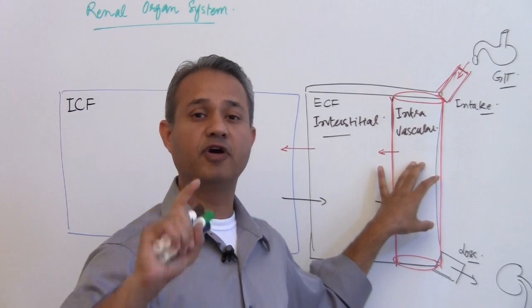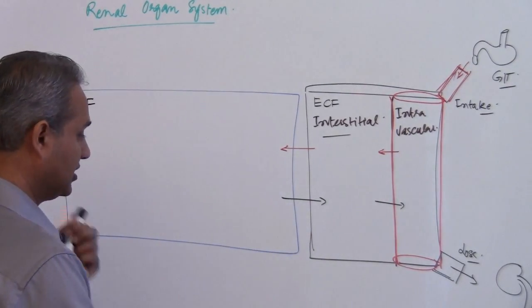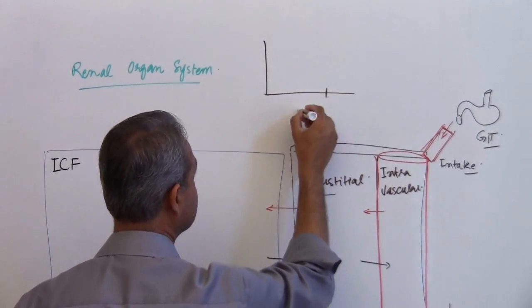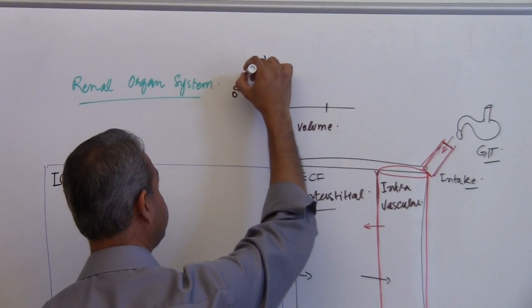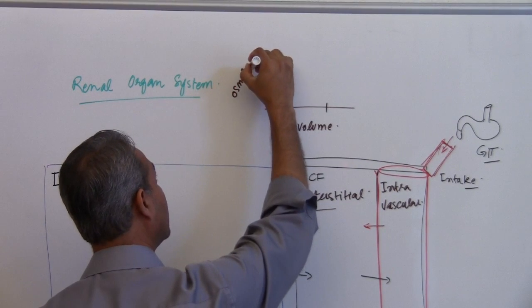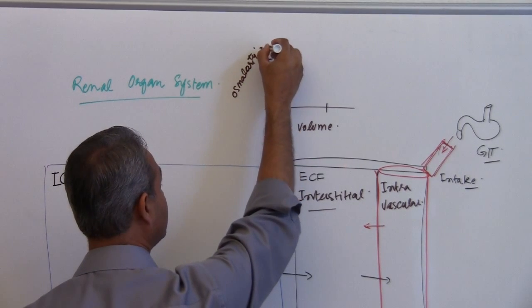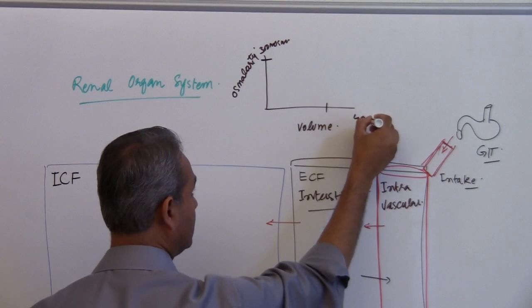This is a very, very important concept to understand, because I've seen so many times the Darrow-Yannet diagrams, which are something like this. Let's say this is the volume, this is osmolarity. Let's say the osmolarity is about 300 milliosmoles, and the volume is, let's say, 42.